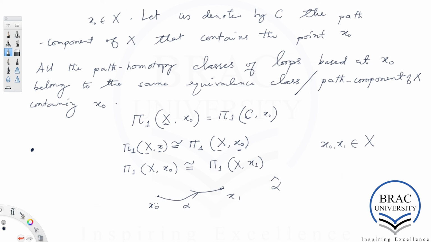So this is not the case always. It will be the case only when your fundamental group is abelian. Otherwise the isomorphism will be path dependent. So these are the two facts that I wanted to emphasize.